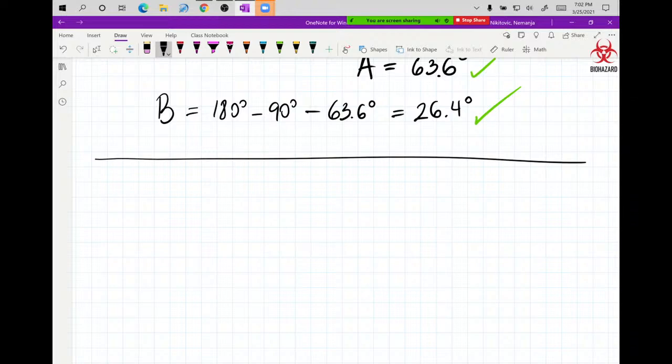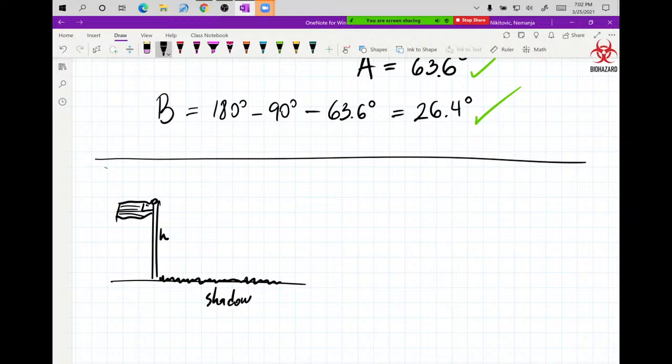So imagine that you have, let's say, a flagpole. There's a flag there. And you want to figure out the height of it. And there is a shadow on the ground. And that last sun ray hits right there. You know there is a 90 degrees over here.